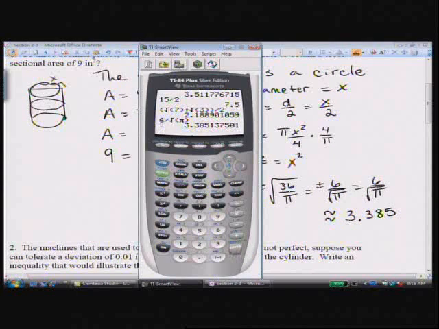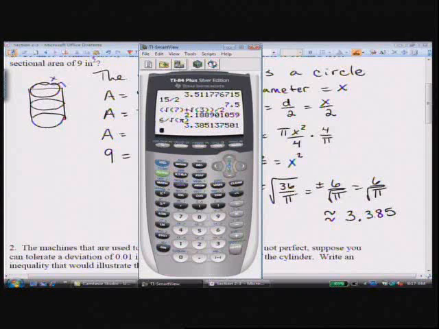Okay? And so if we use that to compute our area, which is pi r squared, no, this is actually our diameter, because remember, x was the diameter.